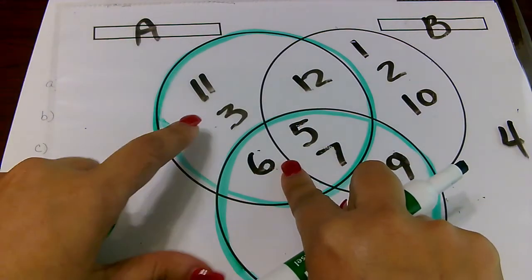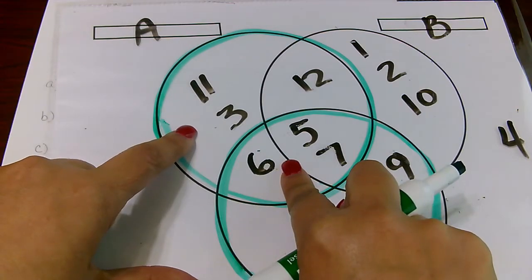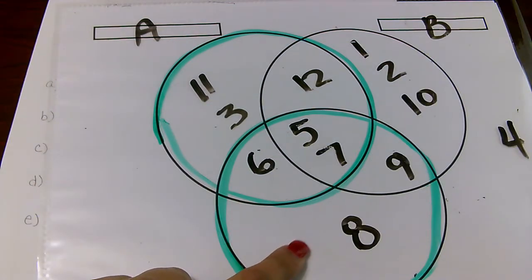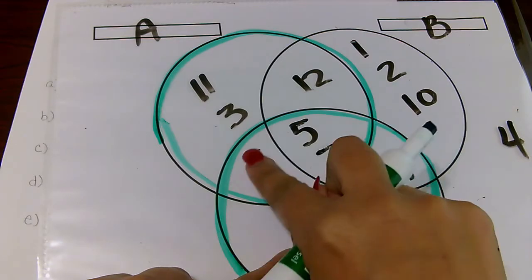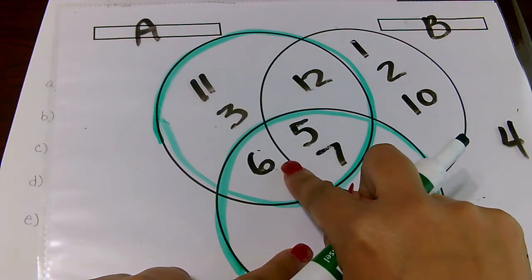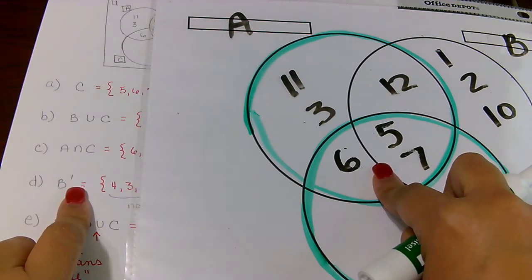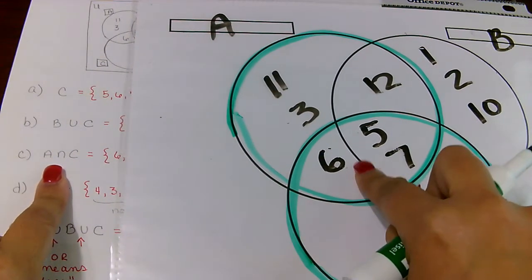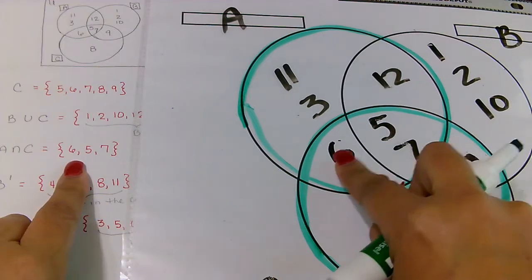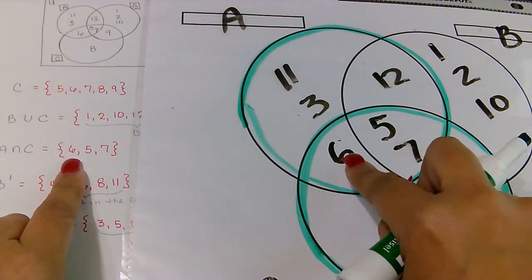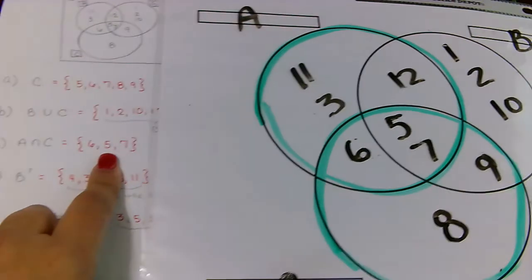Okay, so this is like that plate with the cake, this is like the plate with the ice cream, and this is that plate that has both, a little bit of cake and a little bit of ice cream. So when it has that word "and," you make sure that you choose the one that has both. So here we have 6, 5, and 7.